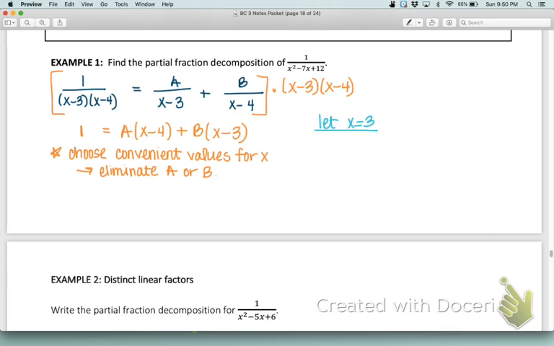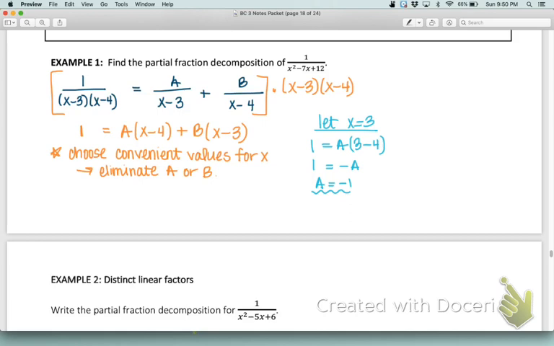That means I'm left with the equation 1 equals a times 3 minus 4. Because again, we plugged in 3 for x. That canceled out the b term, but in the a term, I still have to subtract. So I get 1 equals negative 1a. So that means that a is going to be negative 1.